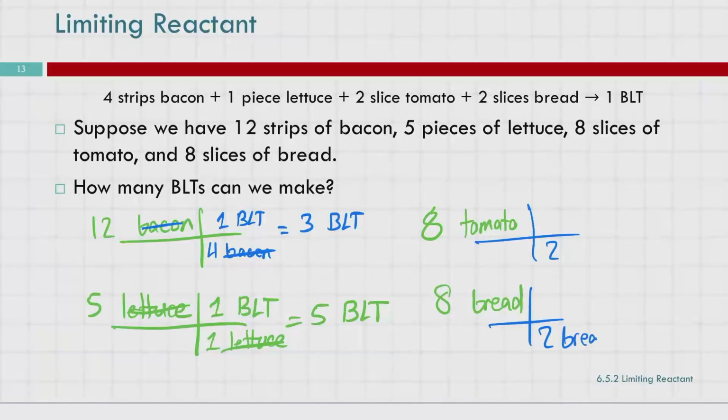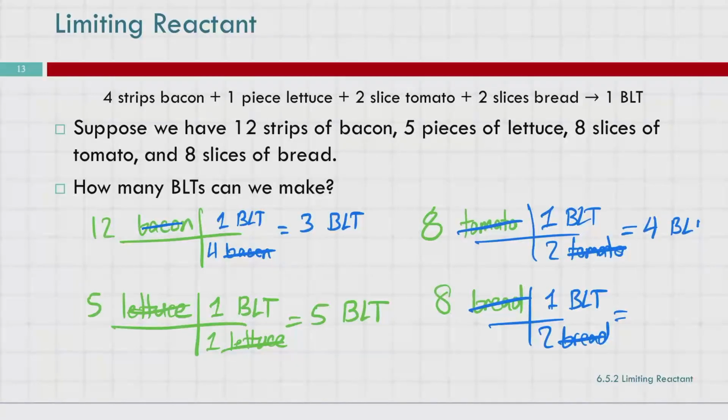So 2 pieces of bread in, 1 BLT out, 2 slices of tomato in, 1 BLT out. So for both of these, the answer is 4 BLTs.